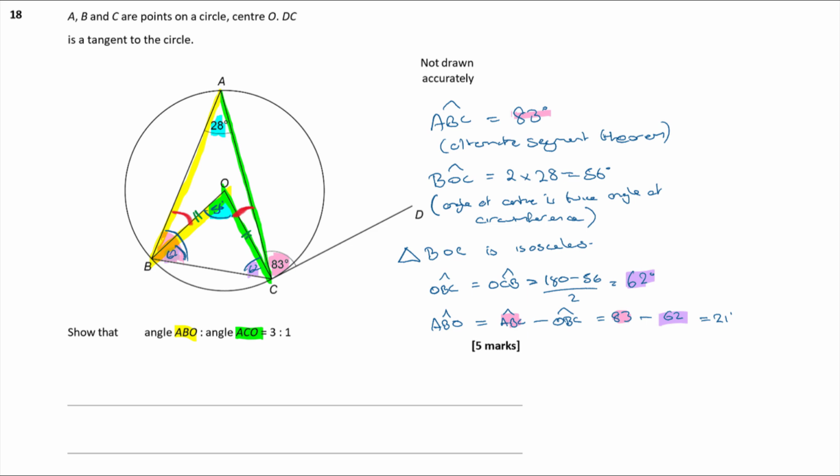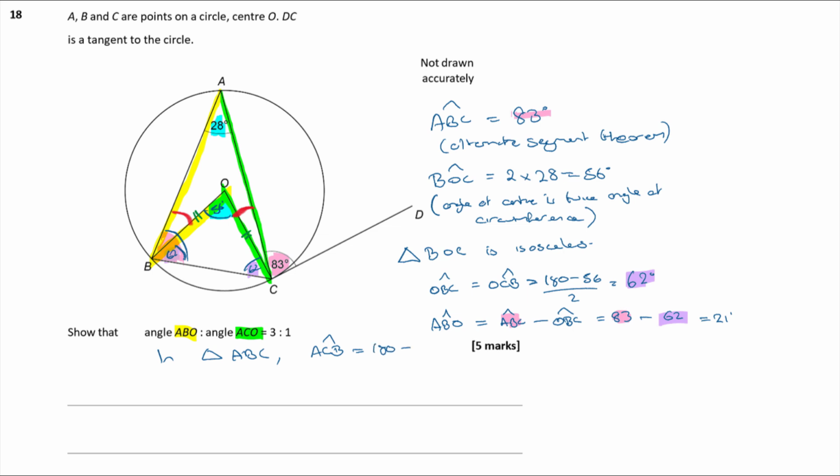So now I need to find ACO. How can I find that then? Well, I know two angles in the triangle ABC now, don't I? I know the one at A and I know the one at B. So I can use that to find the angle at C. So in triangle ABC, I can work out angle ACB, that angle down there, because I know it's going to be 180 minus the other two that I know.